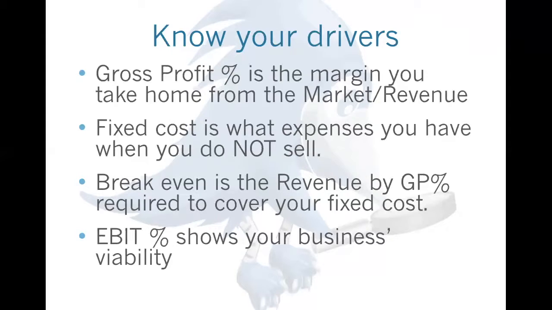Your net profitability, or EBIT as it's also called, that EBIT percentage shows your business viability in simple terms. Note that well managed, this will all equal into cash. And conversely, if not managed, your profit will turn into losses.